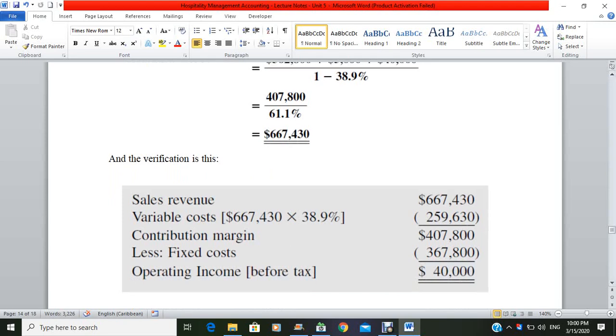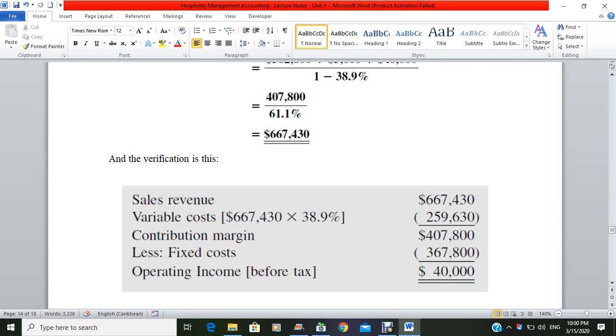So in this case, we'll use the contribution margin income statement to double check and verify that what we did was correct. The revenue is $667,430. You find the variable cost by multiplying the sales revenue by the variable cost percentage.